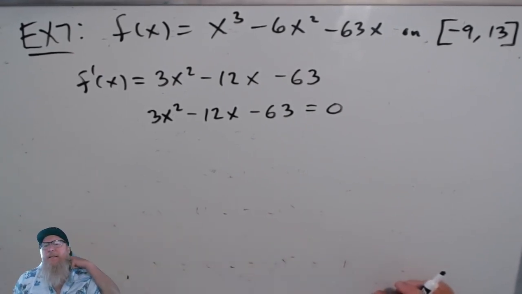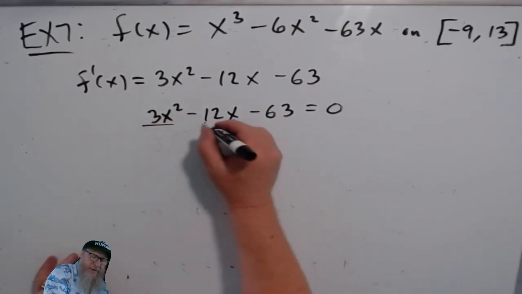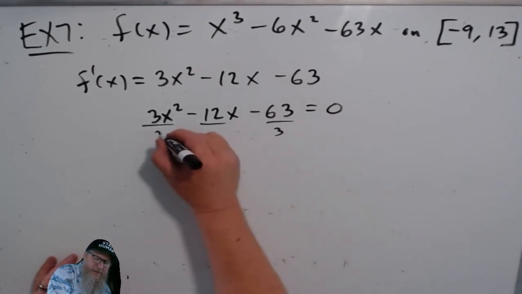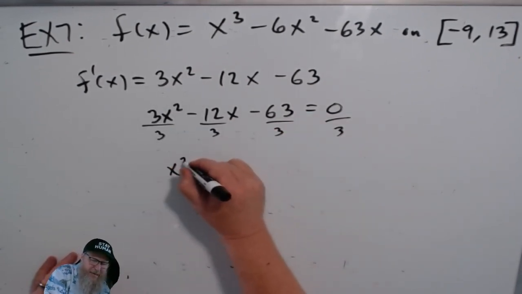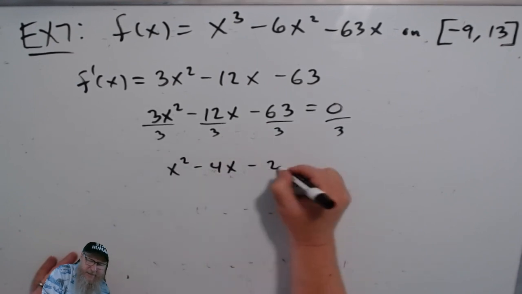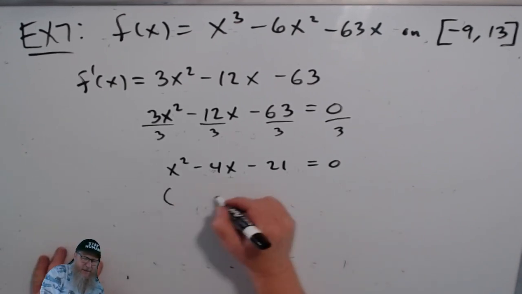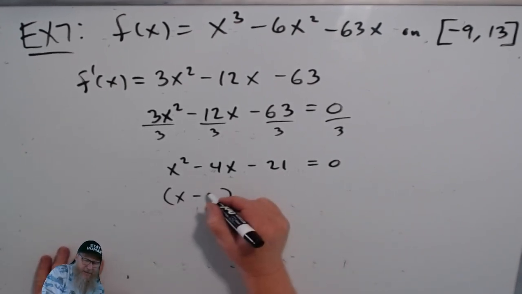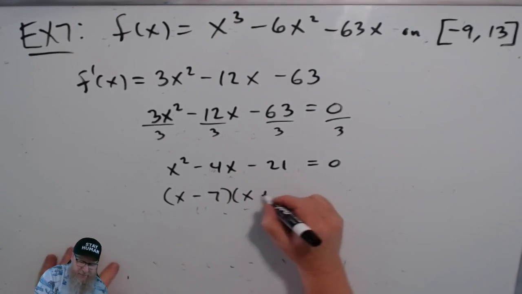I always try to simplify before I solve. They're not always easy to simplify, but this one is. They're all divisible by 3. And then you could factor this out: x minus 7, x plus 3.